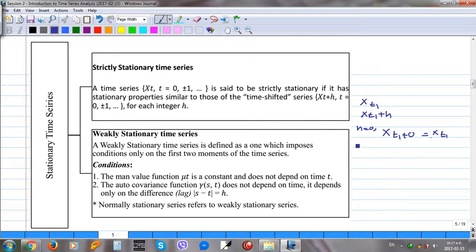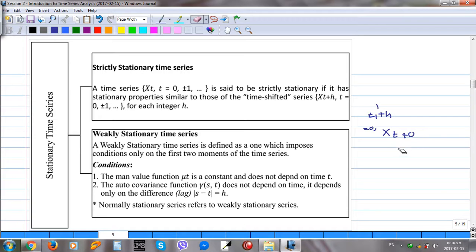Then when h equals 1, that is X_{t1+1}. So if we time shift, the properties are the same. It means if you take the mean and the other statistical properties, they do not vary. If they do not vary, that is a strictly stationary time series. That is the idea of the strictly stationary time series.